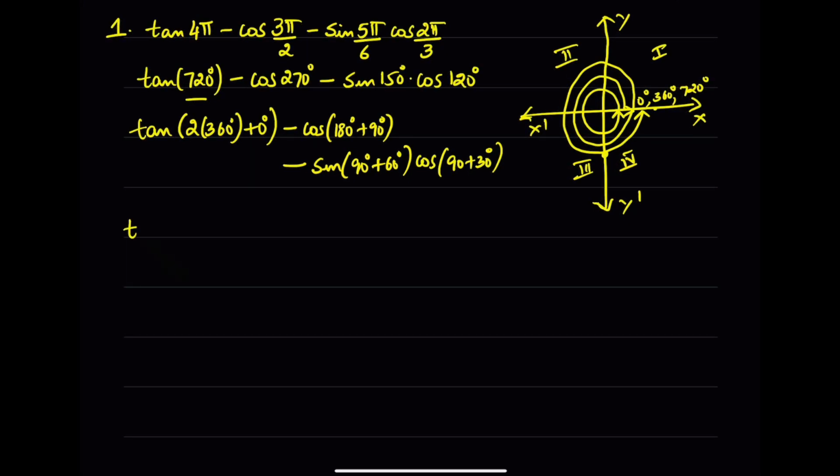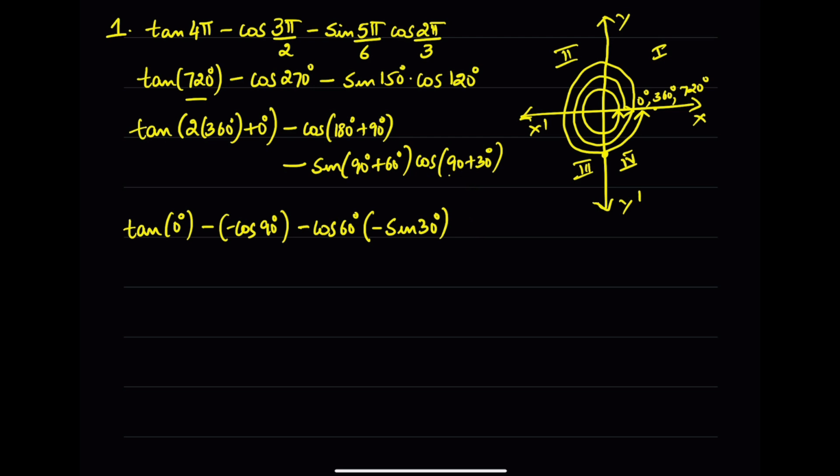So now this will be tan of 0 degrees, and cos of pi plus x is minus cos x. So this will be minus cos of 90 degrees, and this would change to minus cos of 60, because sine of pi by 2 plus x, or sine 90 plus x, is cos x, and the last one would be multiplied by minus sine of 30 degrees, because cos is negative in the second quadrant.